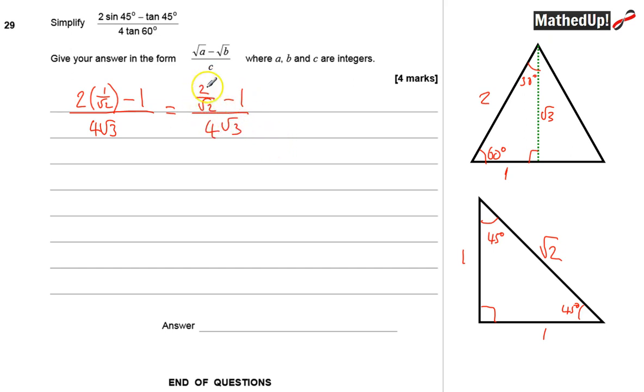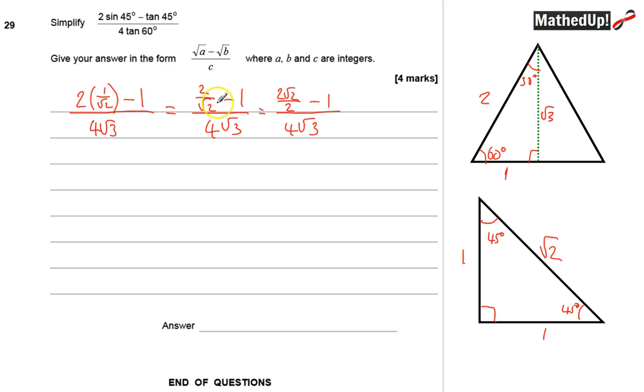Now, I can rationalize the denominator over here. So if I multiply the top and the bottom by root 2, that's going to become 2 root 2 divided by root 2 times root 2, which is 2. So that's going to be equal to 2 root 2 divided by 2. So that's the same as that. Take away 1 divided by 4 root 3.